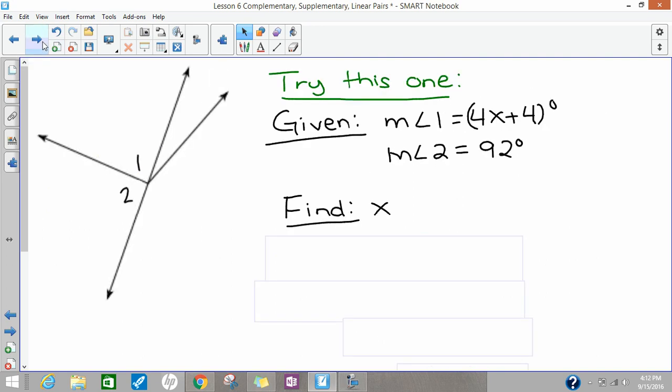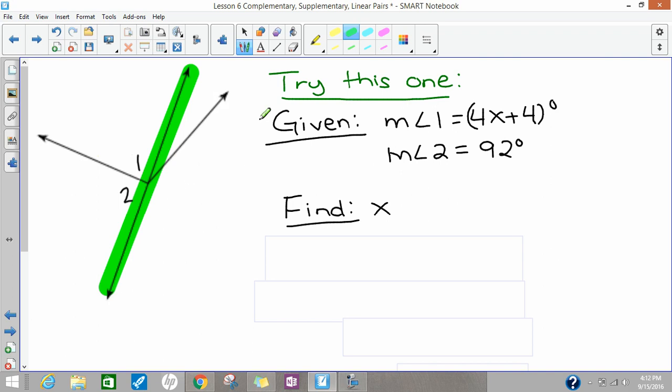So pause the video at this time, and I want you to use this information in this picture and find the value of x. So I have another picture where I have angle 1 and angle 2, and together they make a straight line.